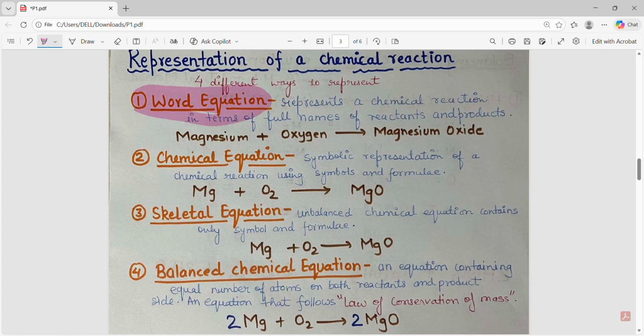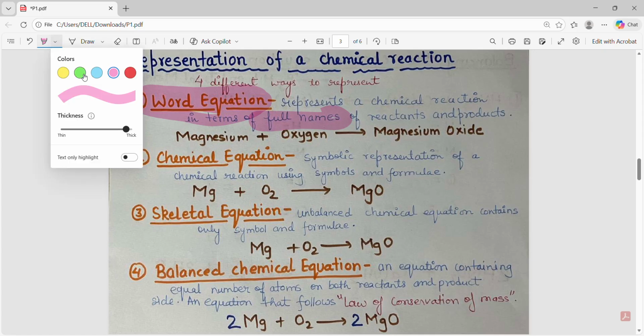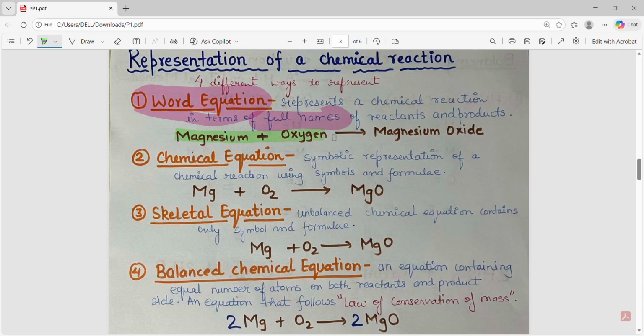Representation using the full names, whatever the full names of the compounds are, we are using those names, and the reaction will come up like that. Like as you can see the example over here, magnesium with oxygen produces magnesium oxide. Okay, so this is the word equation.